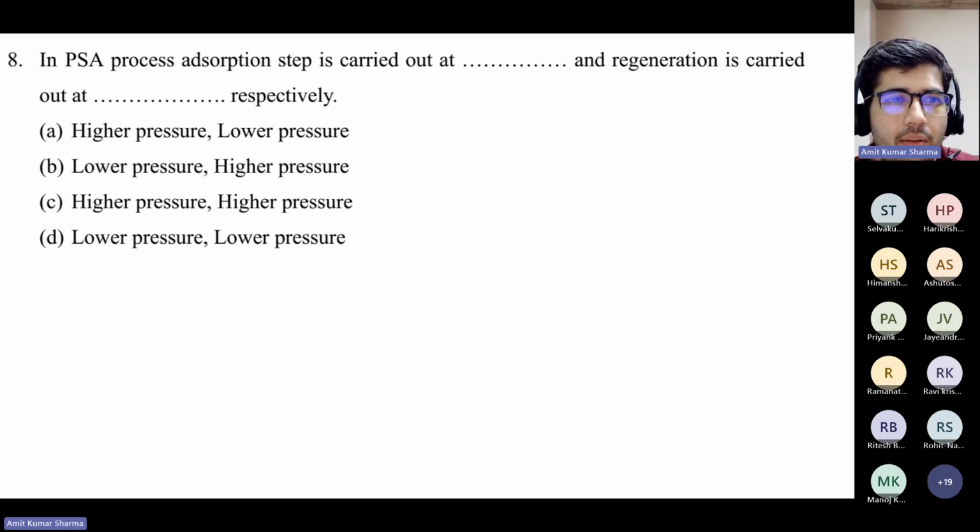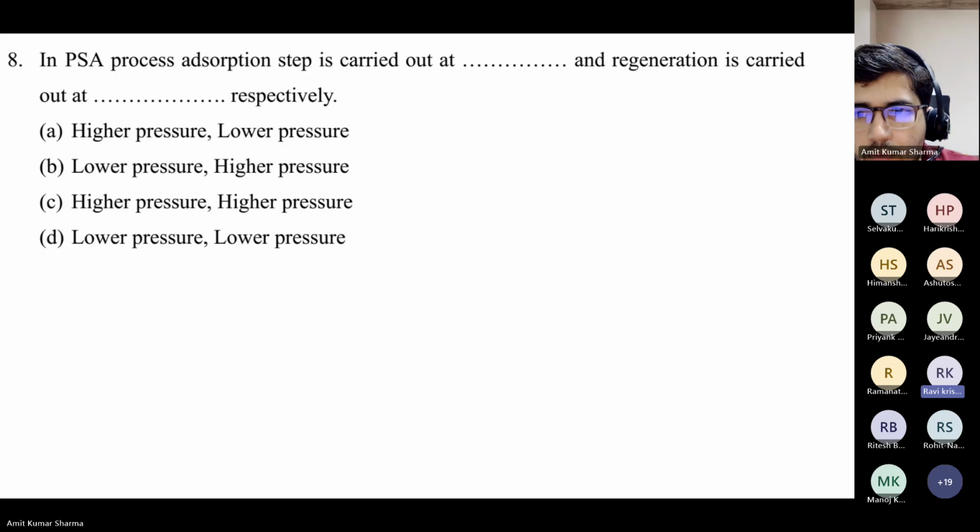So what is the meaning of the adsorption step? Is anybody from the industry working with PSA? If you want to share the working of PSA, it will be good for us. In our industry, it is not there, but I have come across PSA operation.